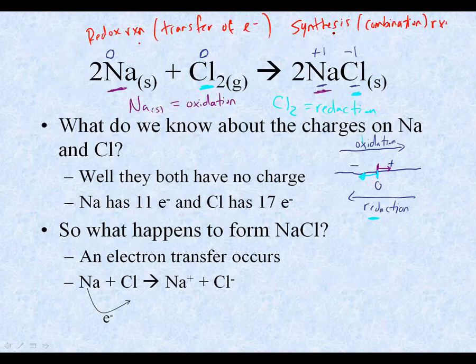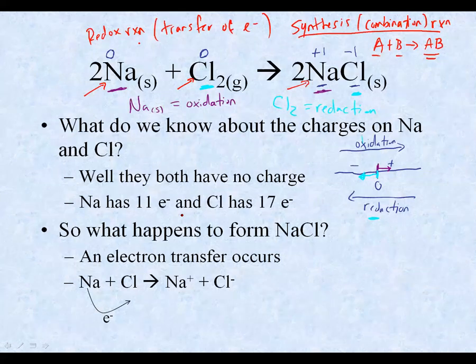And basically, as we'll see in a synthesis or combination reaction, you essentially take two things and you make one thing. So we took two things and we basically produce one thing. And that implies that this is a synthesis reaction, which you can classify it as, but you could also classify it again in sort of the broad, big way as a redox reaction.